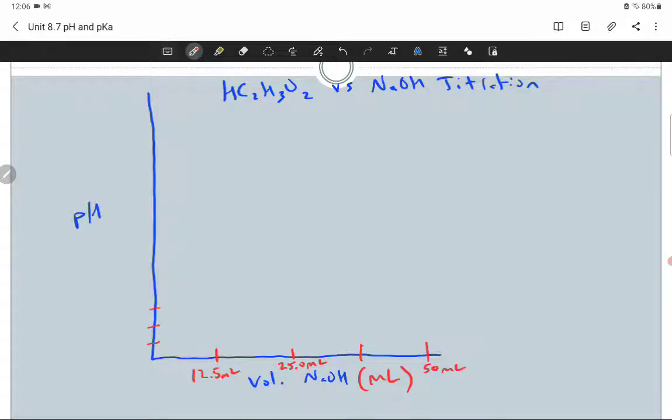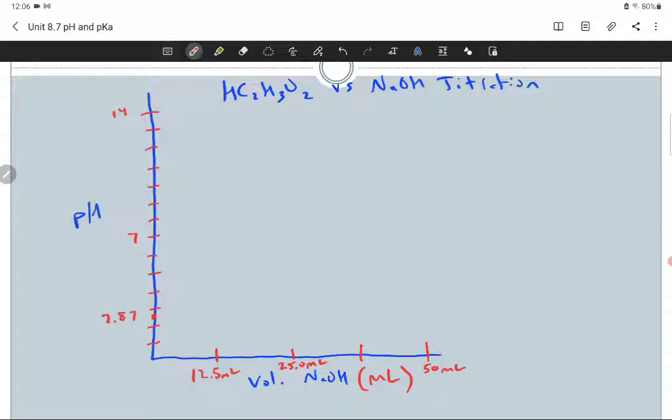We'll go 1, 2, 3, 4, 5, 6, 7, 8, 9, 10, 11, 12, 13, 14. Okay, so we had 2.87. Now those aren't perfect increments, but that's the best we can do there.